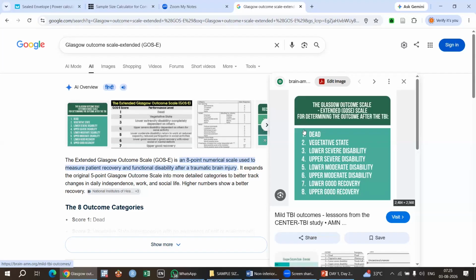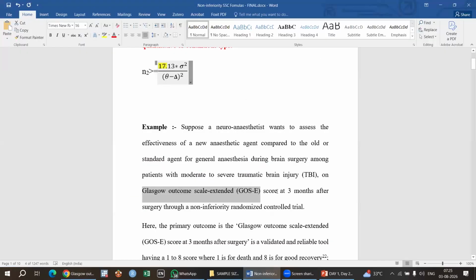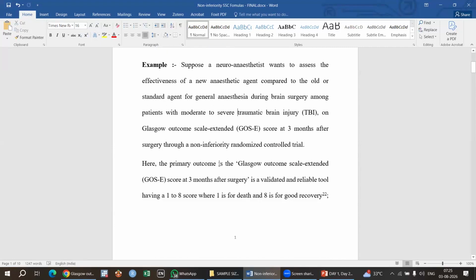Very good thing. Okay? So go to our 3 months after surgery through a non-inferiority randomized control trial. So here the primary outcome is the Glasgow Outcome Scale Extended score at 3 months after surgery.